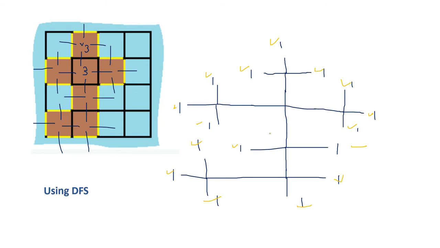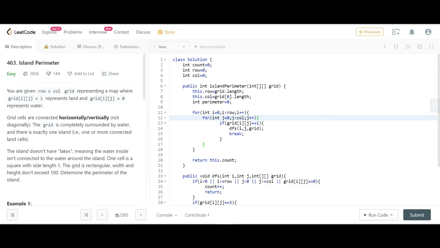Now if we jump into the code, it will be crystal clear for you how we are using DFS. The code is also simple. Here I have the island perimeter main method, from where we have to start the coding. I got the grid as the input. So now I am checking the row and column value, and I am storing them in global variables. You can pass them along with the DFS function also.